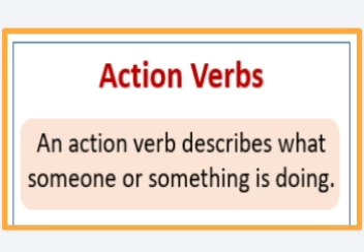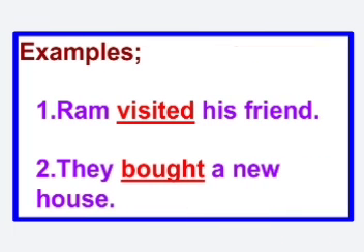For example, see the first example: Ram visited his friend. Here Ram is the subject and he is performing the action of visiting his friend. Which is the action verb of the sentence? Visited is an action verb. Let's see the next sentence: They bought a new house. Which is the subject in this sentence?